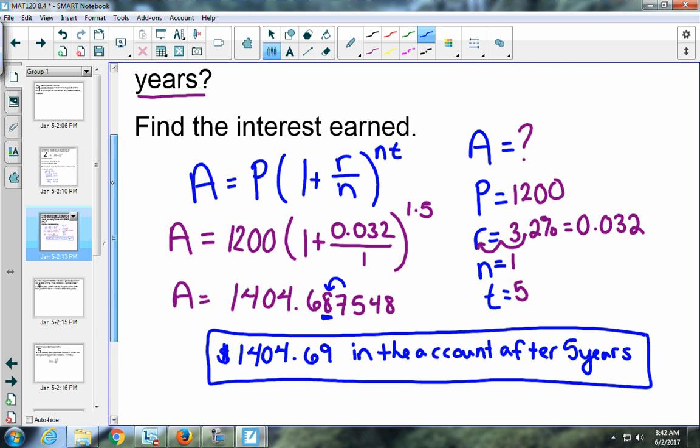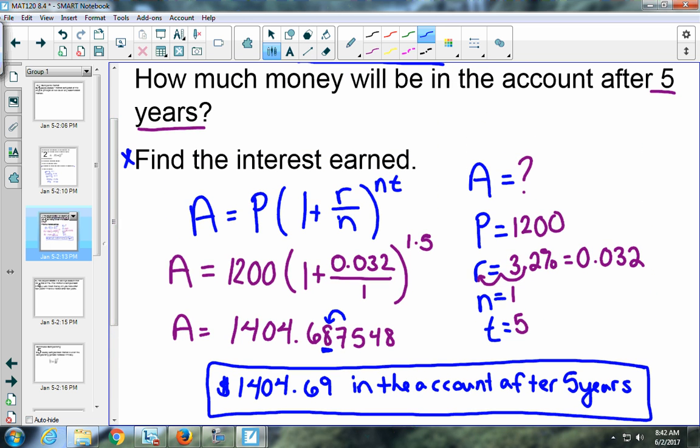They also asked me to find the interest earned. Notice when we talked about compound interest, there was no equation that had I in it. We don't have an I equals equation. What we do instead is use some logic.